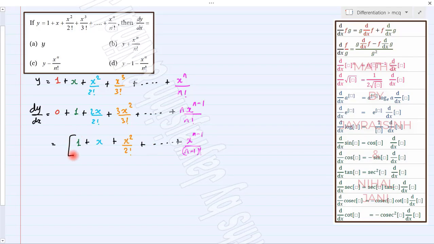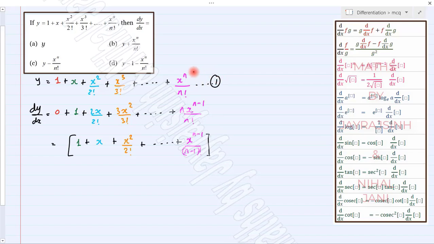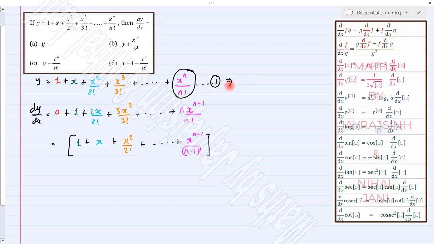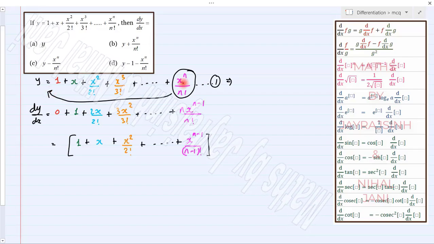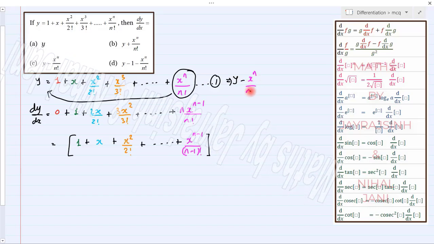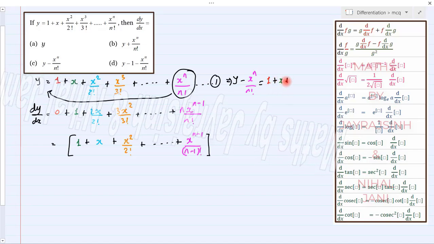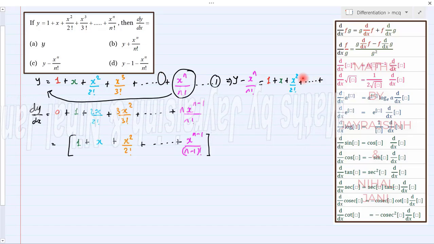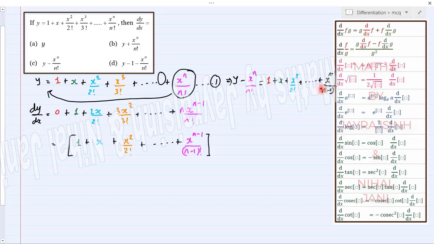Now, as you can see, we get the whole series which is given in equation number 1 except the last term. So from equation number 1, we can say if you take x raised to n by n factorial on the left hand side, we will get y minus x raised to n upon n factorial is equal to 1 plus x square by 2 factorial up to the second last term, which is x raised to n minus 1 upon n minus 1 factorial.